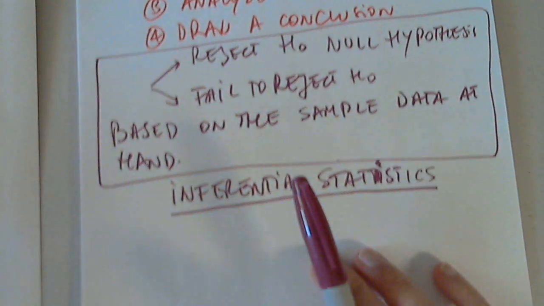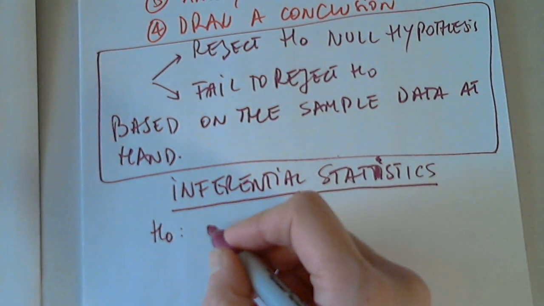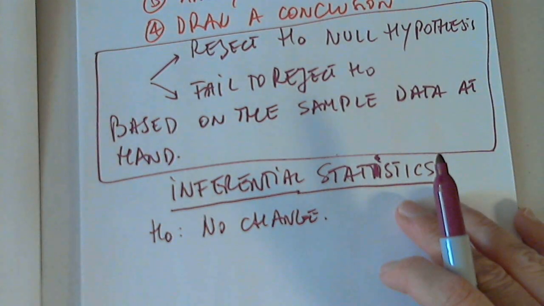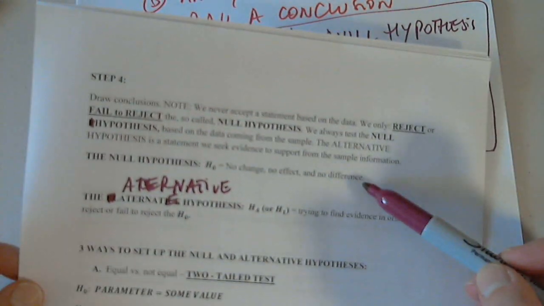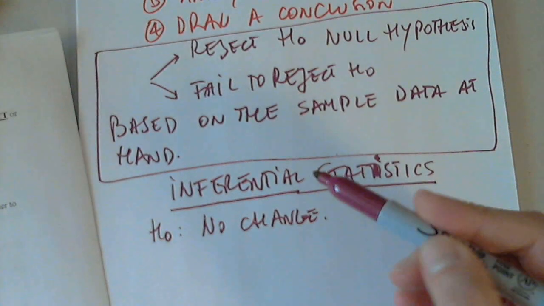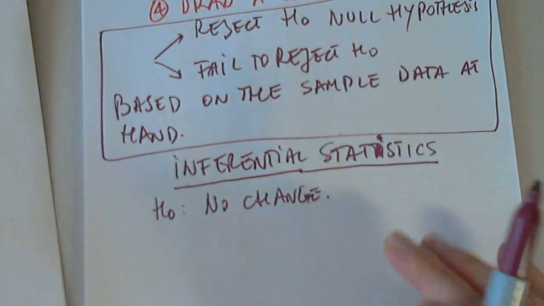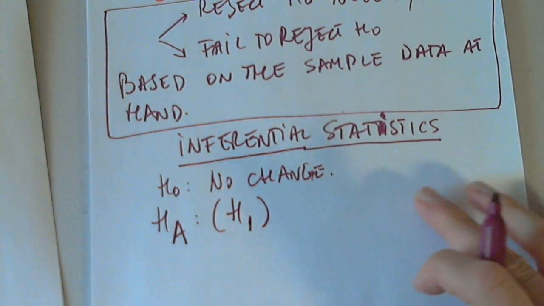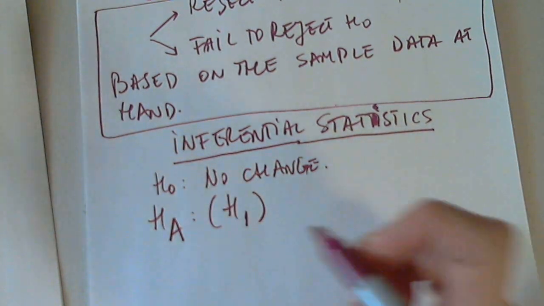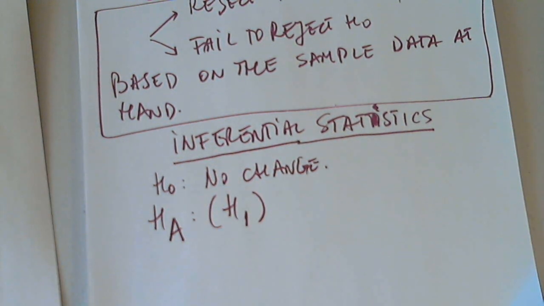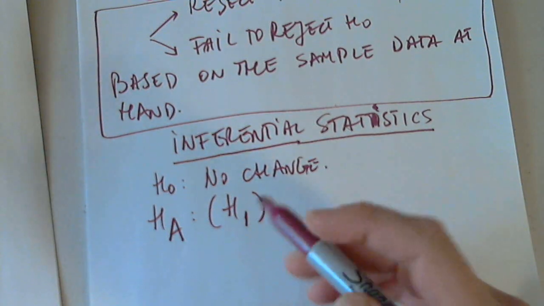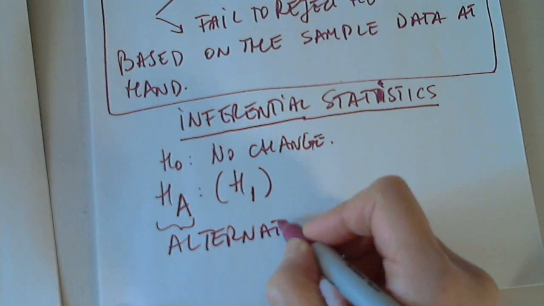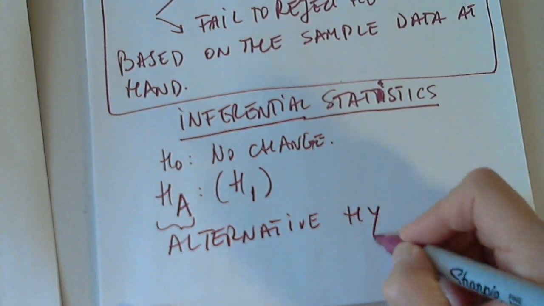Okay, so the null hypothesis, one more time, is no change. No difference, no change, no effect, nothing. It's the same as we knew it from the past. The alternative, also denoted H sub 1 in your text. Use the one you like, it doesn't matter. It's easier for me to write H sub A. So this is the alternative hypothesis.